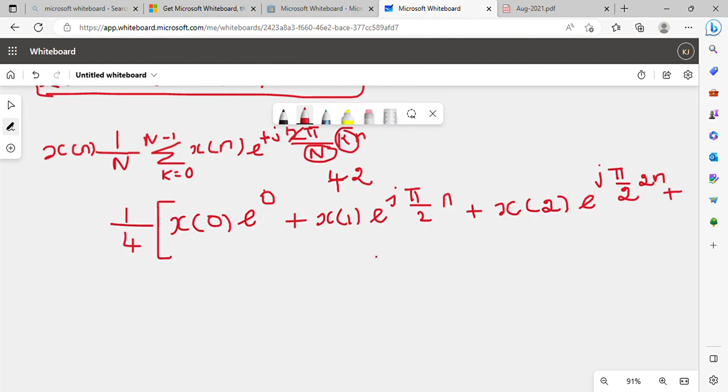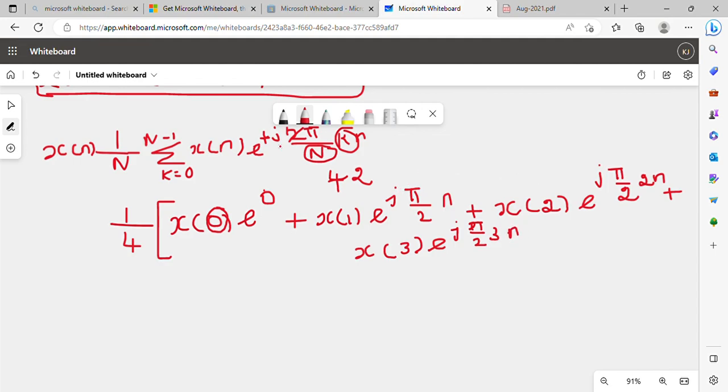I'm so sorry. Plus my x of 3 into, this is what is my standard form. I am substituting the values of k over here, right? Yes, that is what I am doing. So this is pi by 2 into, here k is 3, so 3n.